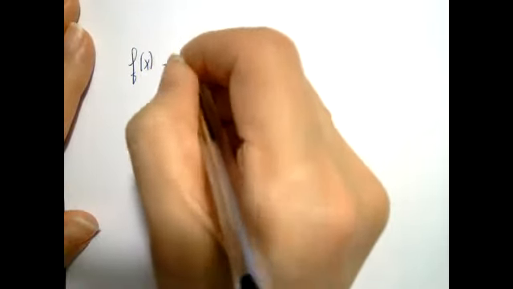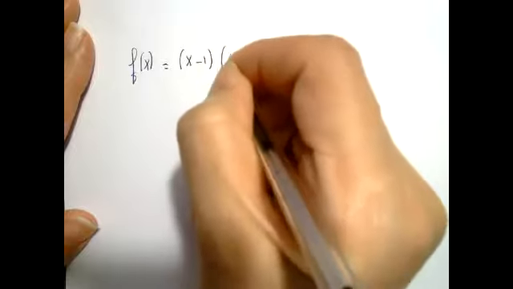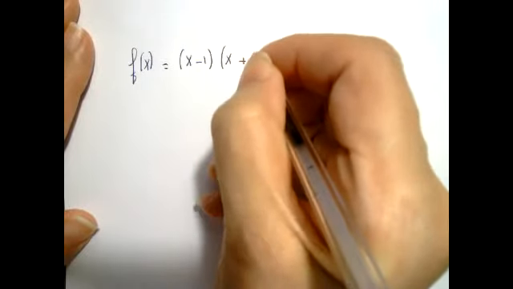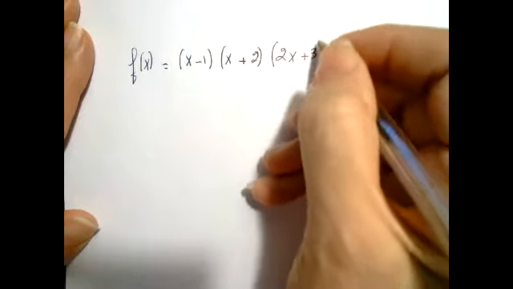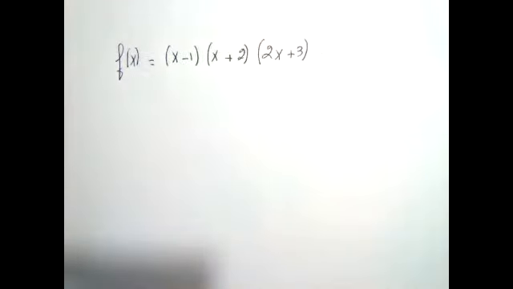Suppose I give you f of x equal x minus 1 times x plus 2 times 2x plus 3. Find the zeros of this function. First, let me ask you a simple question. Is this a quadratic function?